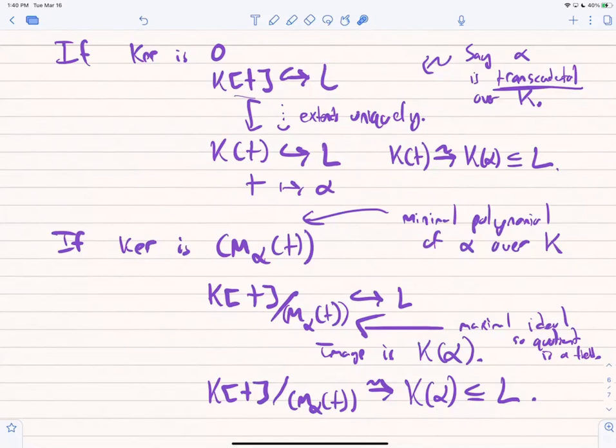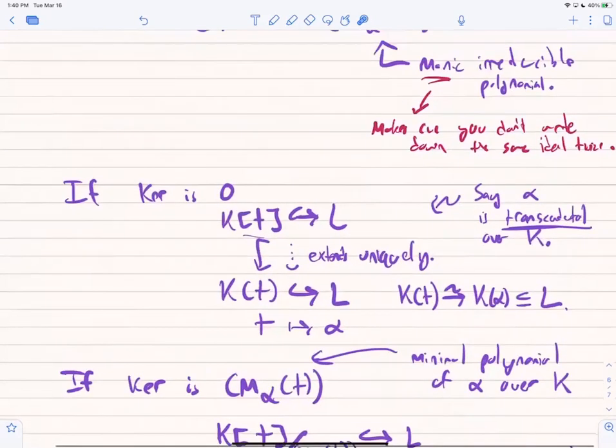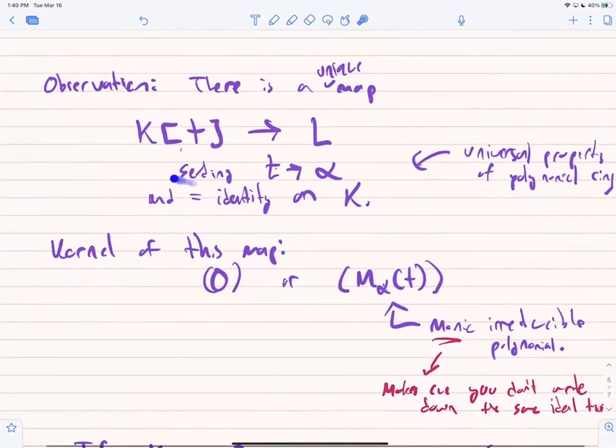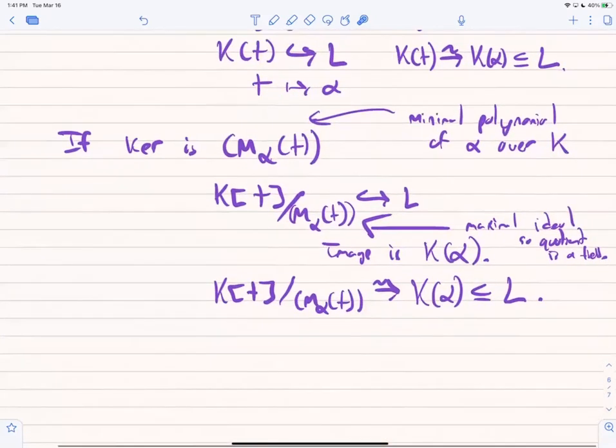That ideal is precisely, by definition, the kernel. The kernel of this map is just all of the polynomials that vanish on alpha. And so taking a generator of that ideal is just taking the minimal polynomial. Maybe the definition you saw before didn't involve writing down this map, but that's exactly what was going on. It was just said in a different way. So that's how this all connects.